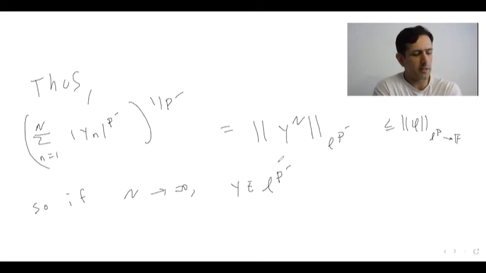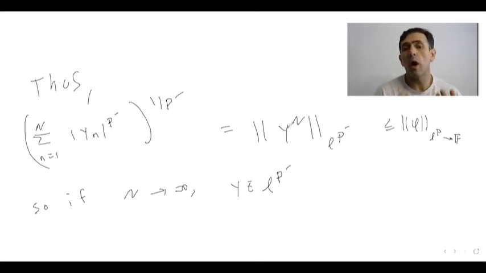I mean, you can't really divide by infinity, which would set it to be 0 everywhere, which doesn't make sense. So the proof falls apart unless you're dealing with something you know beforehand is in little ℓ^p prime, and that is y^(N).